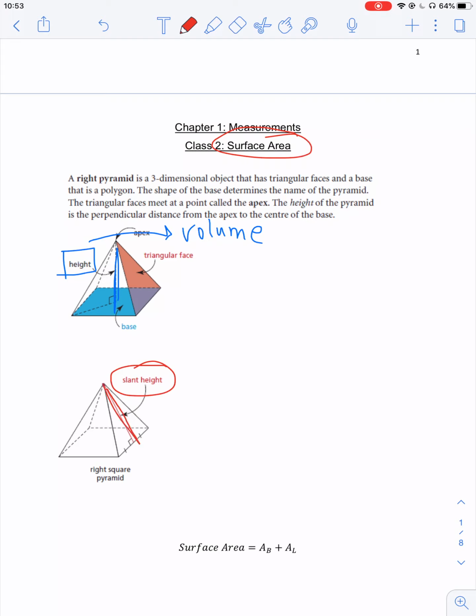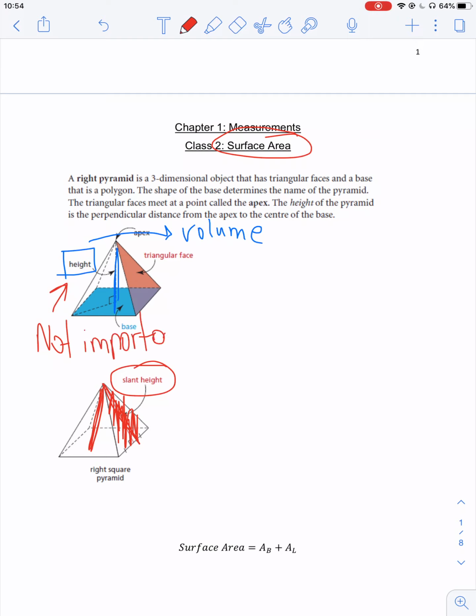It's the height of the wall, right? So when you're finding surface area, your goal is to find the area of this triangle. Because you have to find the area of this triangle, you will have to use the height of this triangle, not the height of the pyramid. This height is not important for surface area.